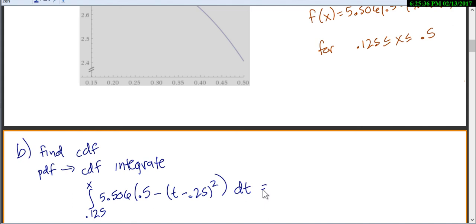Again, if your calculator can do it, and doesn't give you an error when you put an x and an x here, you can forget the dummy variable part, but otherwise we'll try and remember to use that.